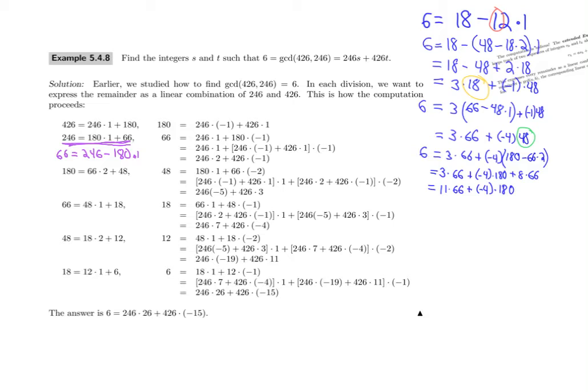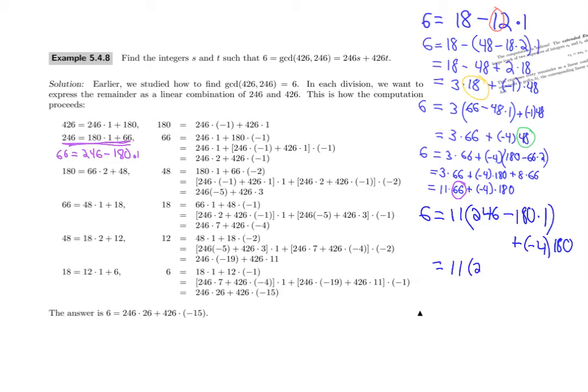And so we'll plug that in for the 66, which will give us that 6 is equal to 11 times the quantity 246 minus 180 times 1, plus -4 times 180.